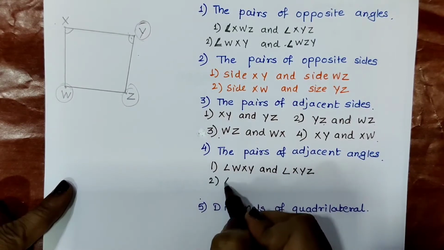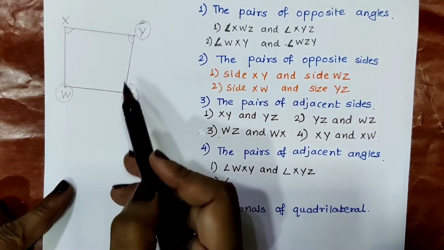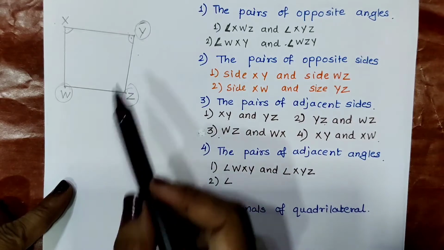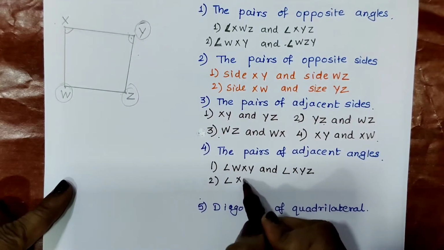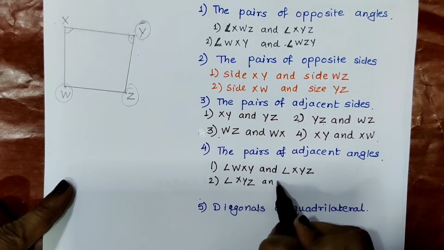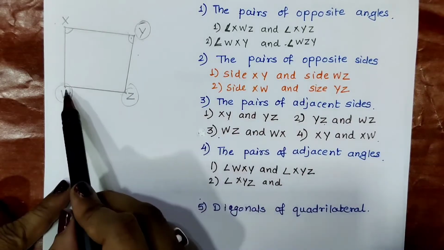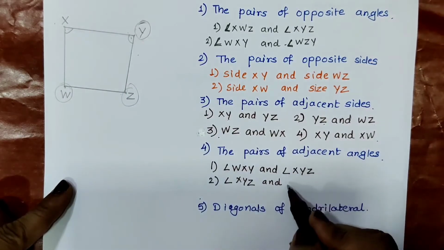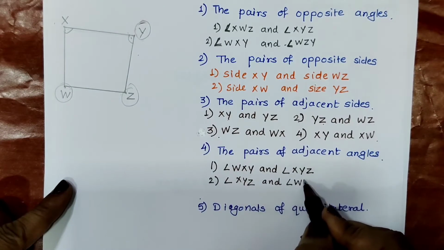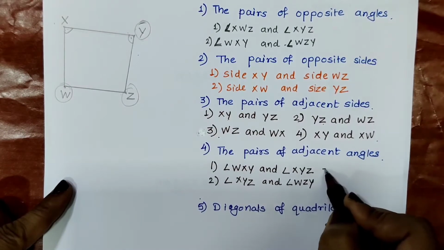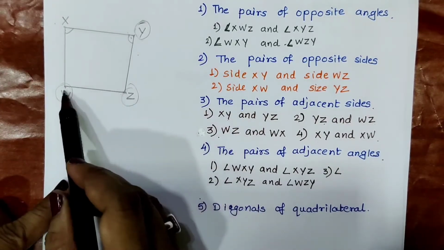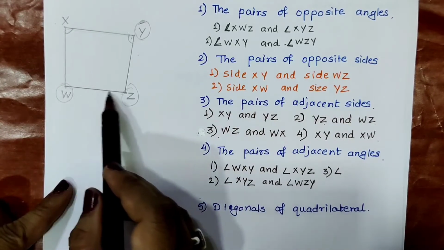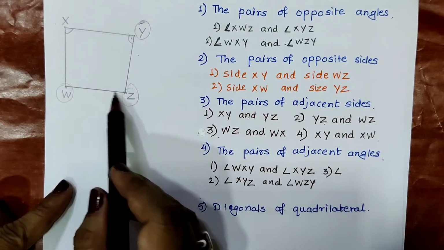Second pair, if you take this Y and Z adjacent angles, so angle Y we can write using 3 letters as XYZ, and angle WZY. Third pair, now Z and W, they are in the same line, they share arm WZ.